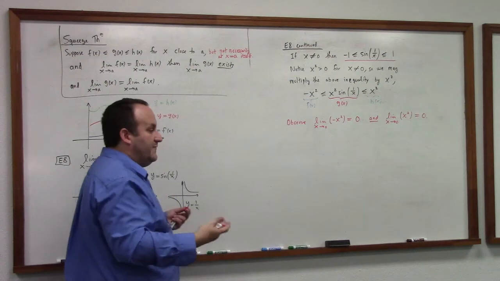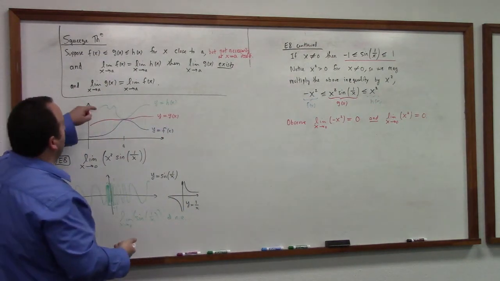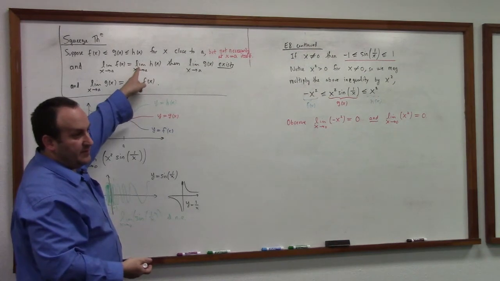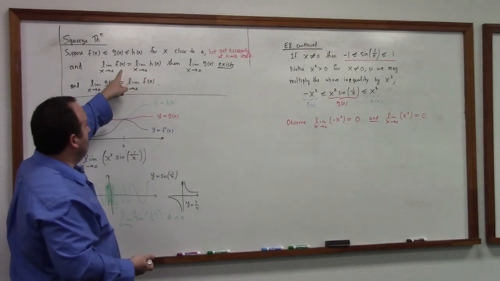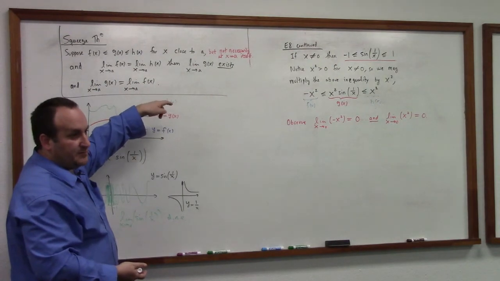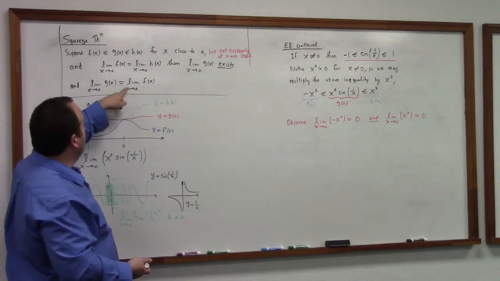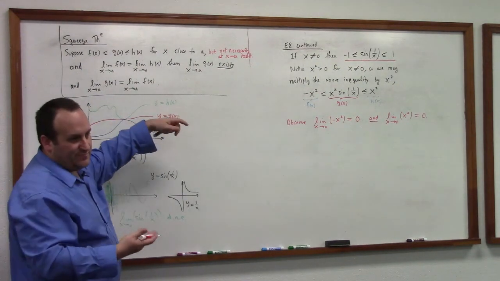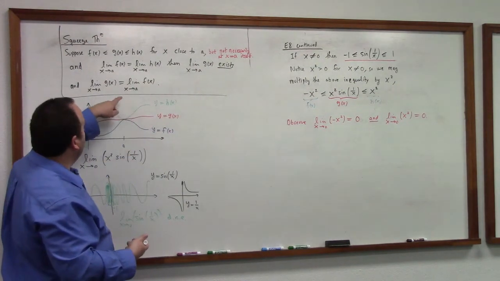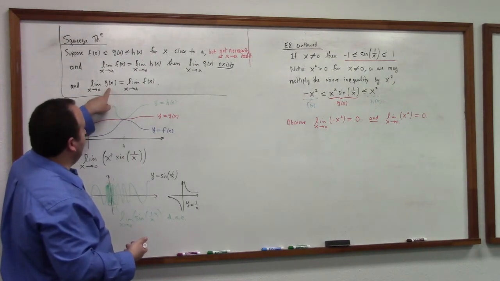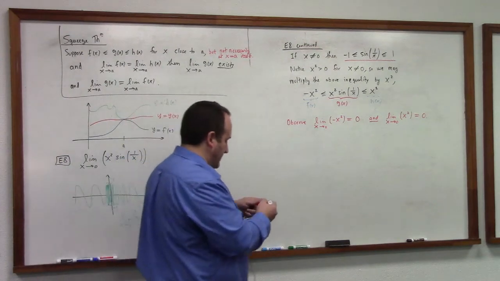So at this point, we have met the conditions of the squeeze theorem. We've got this inequality for all x near but not equal to 0, right? I mean, in fact, the inequality is true for all x, but we really just need it near 0 and not equal to 0. And if it held at 0, we wouldn't care. It's just like that's not defined in this case. So consequently, by the squeeze theorem, we find what?